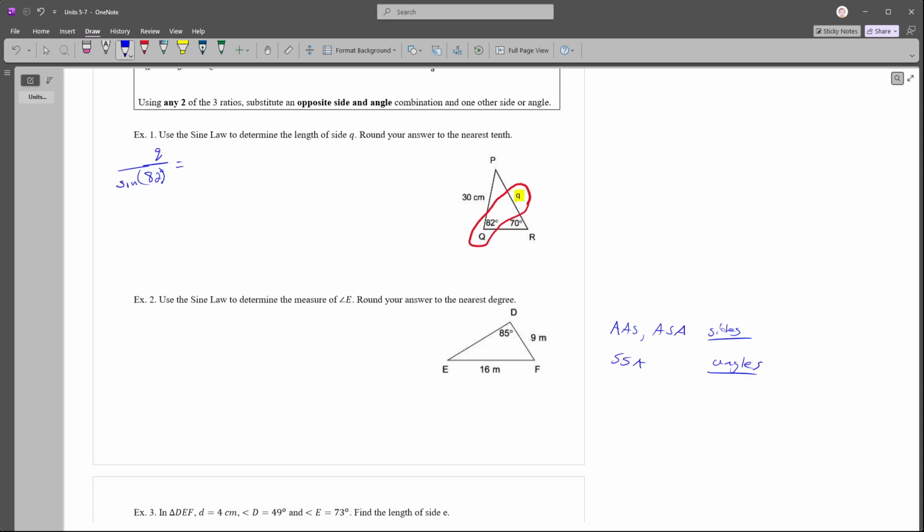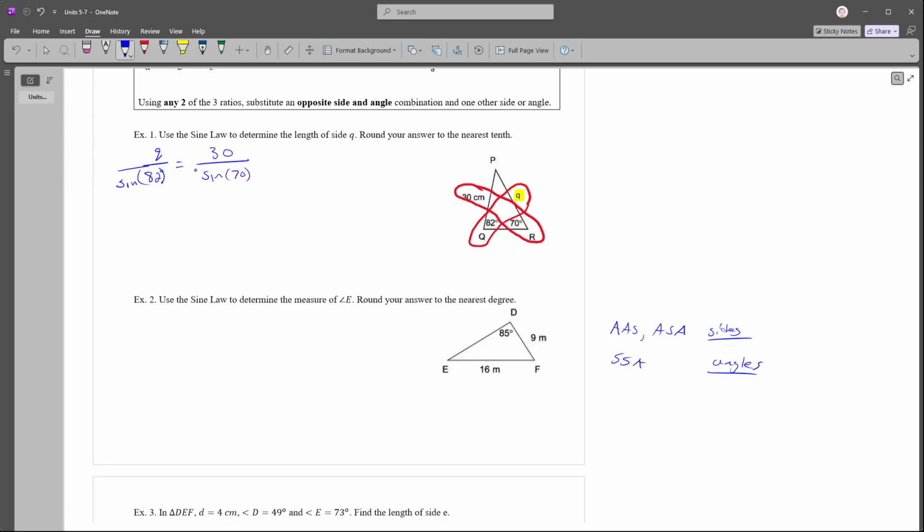I need it to be a full one because this one is not a full one, since I'm searching for the Q. So what other one do we have? Well, we have this 30 with its corresponding angle, which is the angle R. So I put the side first, which is the 30, over the sine of the angle, which is 70. And now I got to solve for Q.